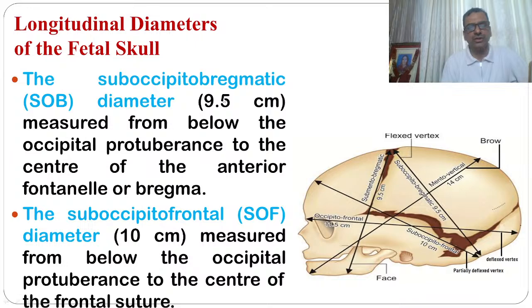So first longitudinal diameter is the suboccipito-bregmatic diameter, which is 9.5 centimeter, measured from below the occipital protuberance to the center of anterior fontanelle or bregma.